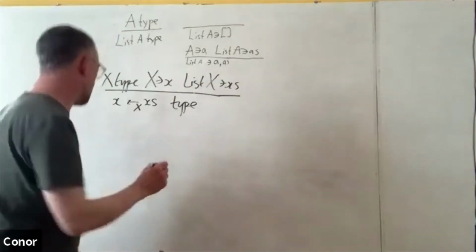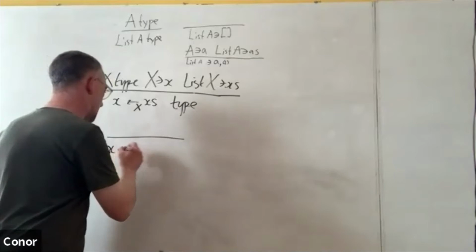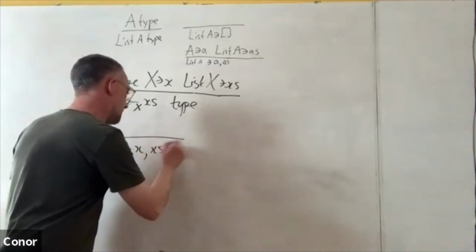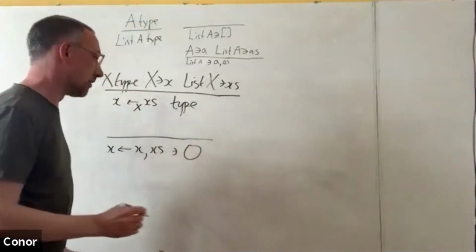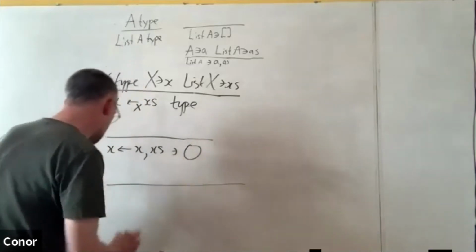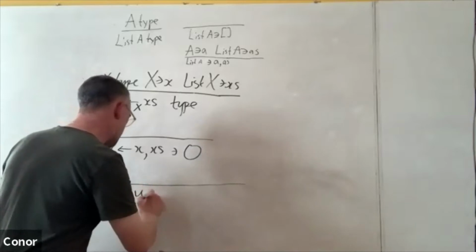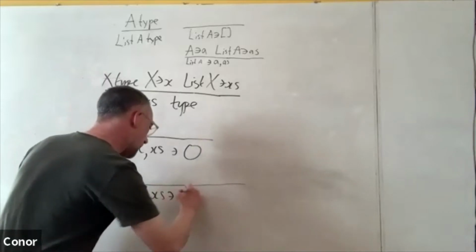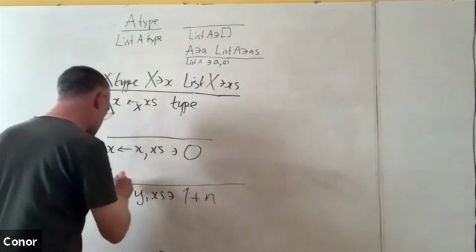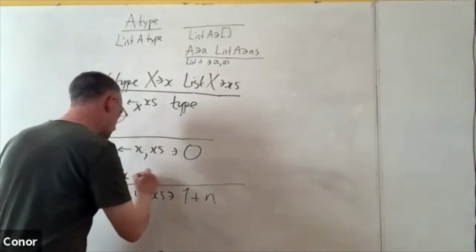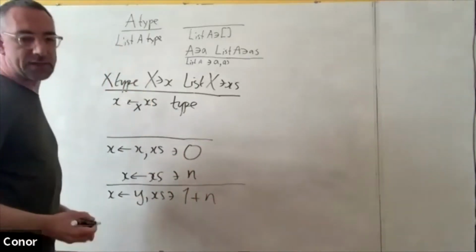So straightforwardly, I'm going to say that x, the first element of the list, is pointed to by the number 0, and that if we want to check whether x is pointed to by 1 plus n in y followed by x's, we should check that x is pointed to by n in x's.